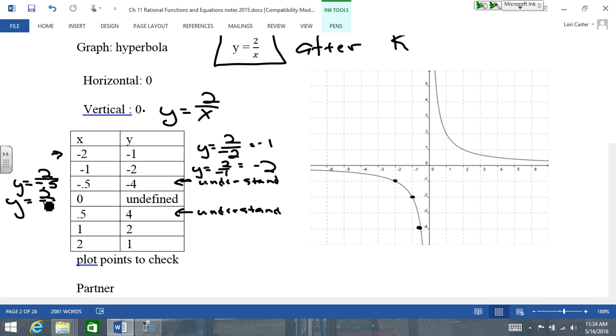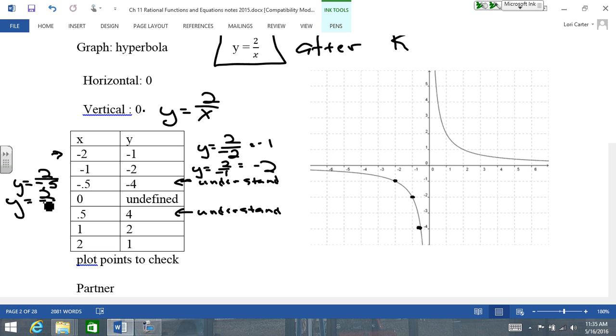Divide by zero error. How many times does 0 go into 2? How about 1,000? How about 5,000? How many times can I take 0? It can go in infinitely, because we'll never equal it. So that's why it's undefined.